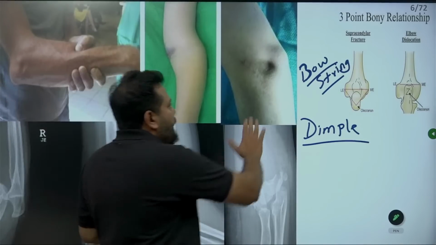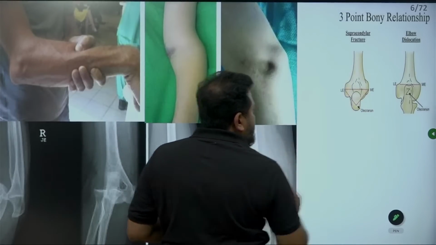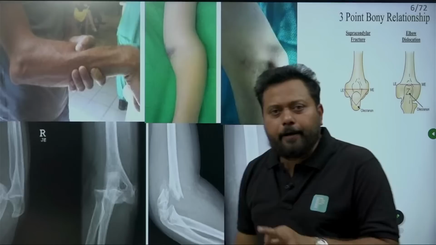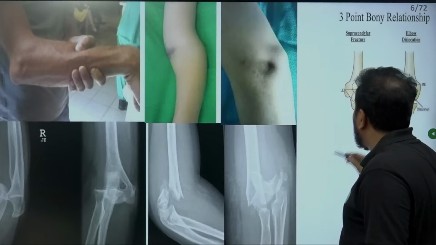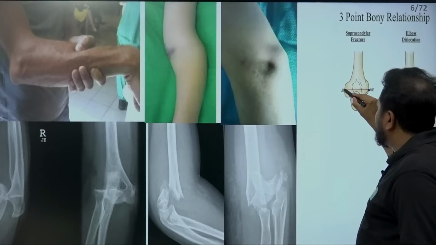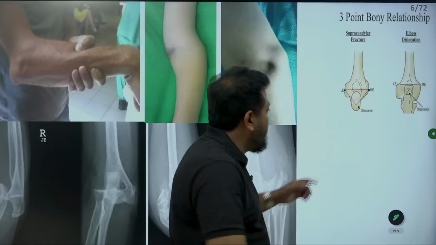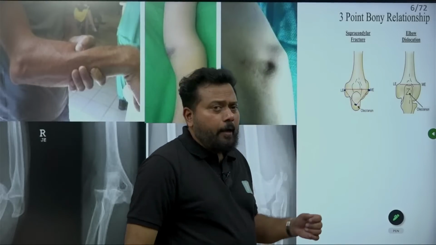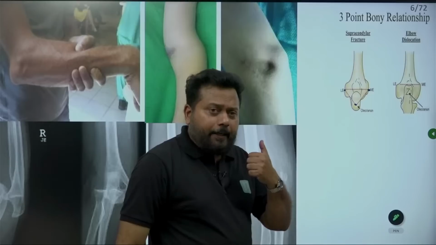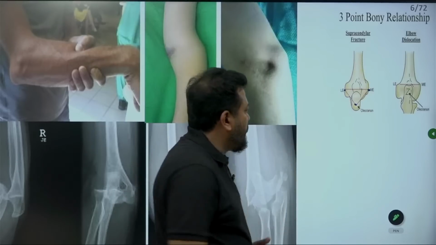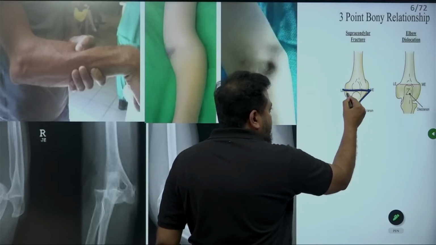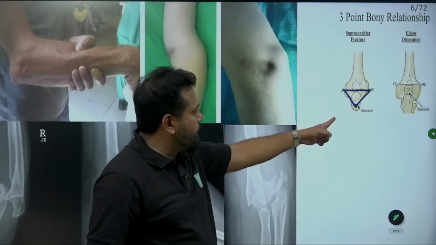Okay. And the third important point, the most important point, is the 3 bony prominences. What are the 3 bony points? Medial epicondyle, lateral epicondyle, and olecranon. Normally in us, when you flex the elbow, and connect the medial epicondyle, lateral epicondyle, and the olecranon, you will get an isosceles triangle like this.